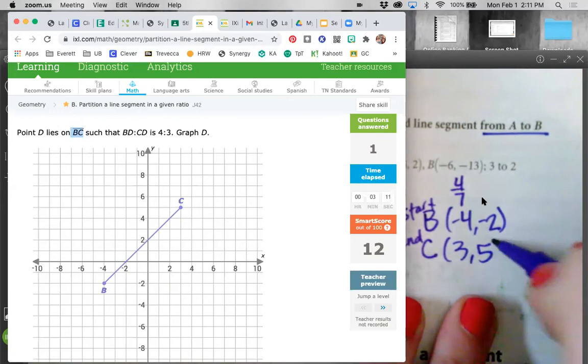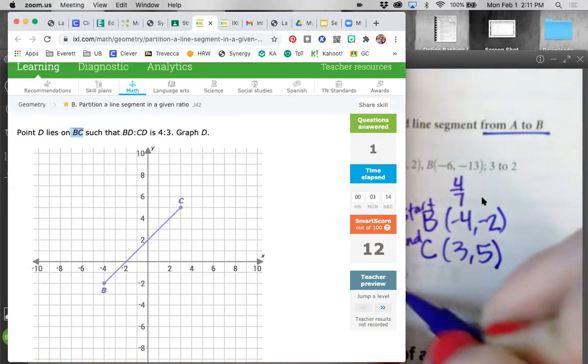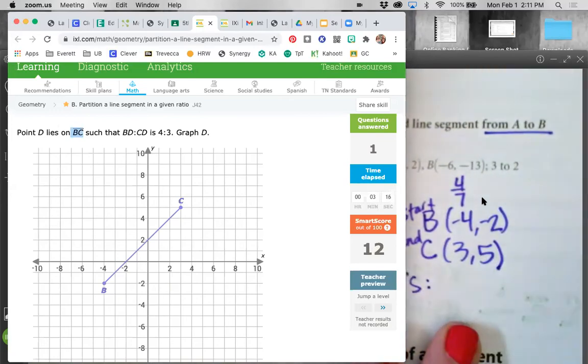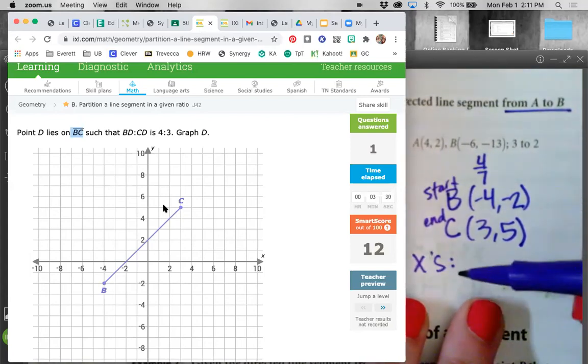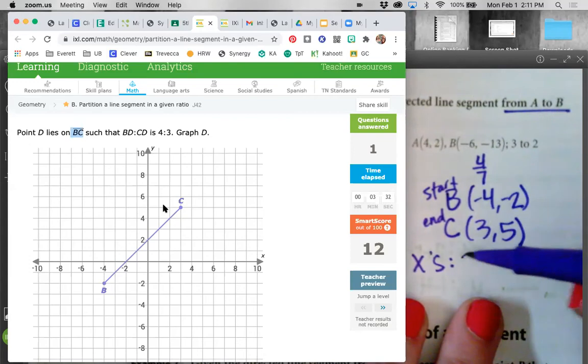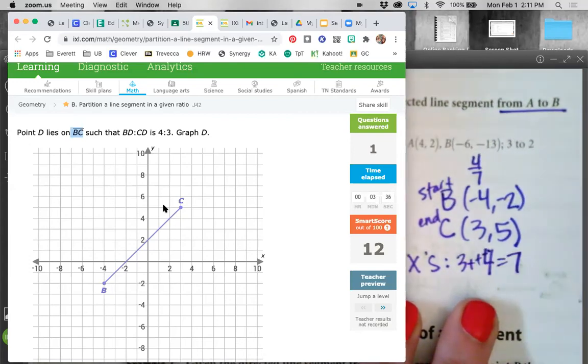So I'm going to do the same thing I've been doing. I'm going to subtract. How'd I get them? I just looked them up. These are the points. So here's -4. Here's -2. And there's 3, 5 right there. So x's end minus start. 3 minus -4, 7.